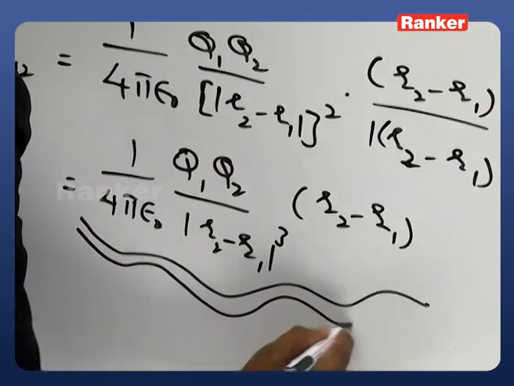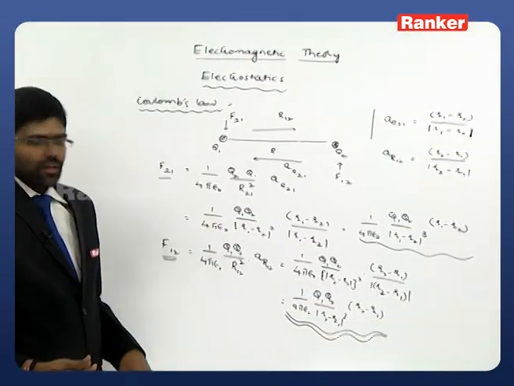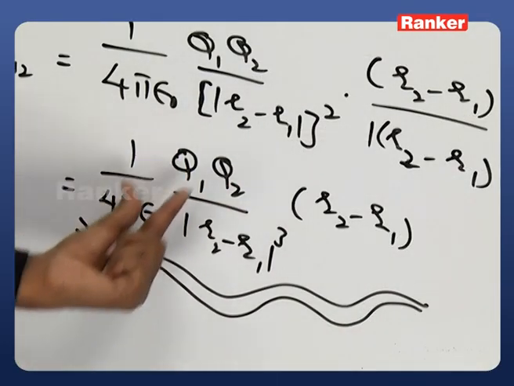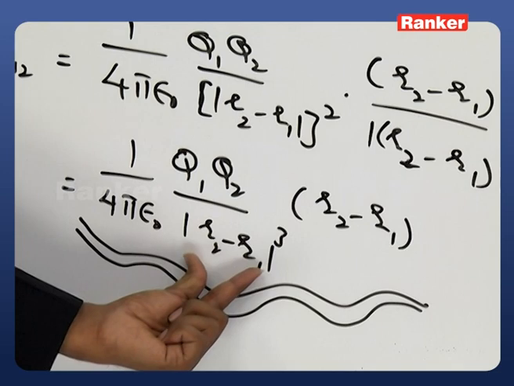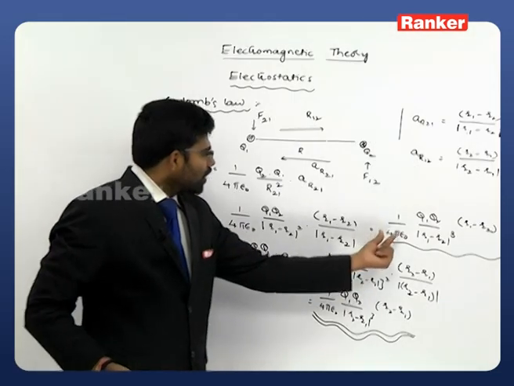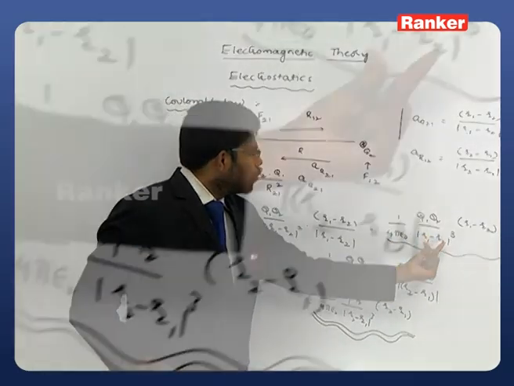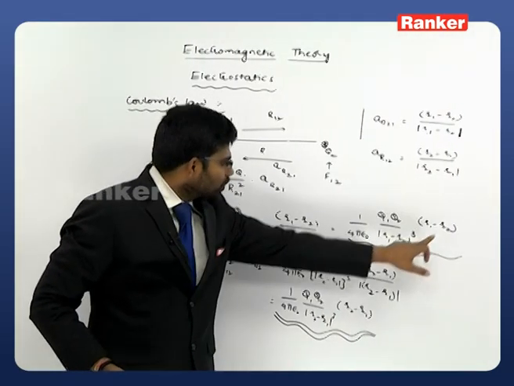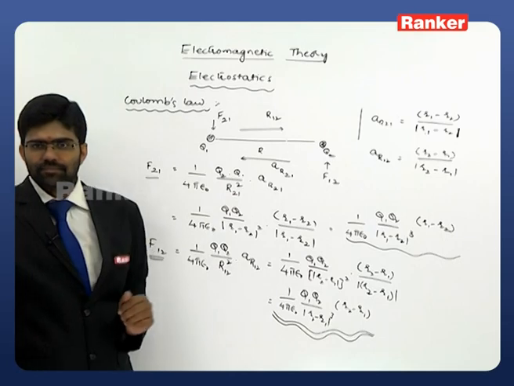If you closely observe these two quantities, the magnitude we are considering is the same: 1 by 4 pi epsilon naught q1 q2 by r cube. Here also it is 1 by 4 pi epsilon naught q1 q2 by r cube. So the magnitude is the same, but if you observe the vectors, they are opposite in direction.